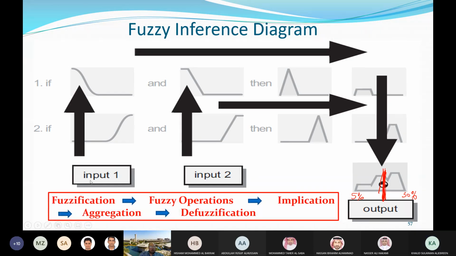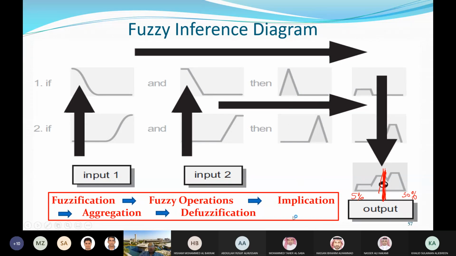Yes, Doctor. So you do fuzzification first. You convert from a numerical value here, which is 3 out of 10 or 8 out of 10, to high and good and excellent and so on. And you apply the fuzzy operator, and, or, not, whatever the operator is in the if-then rule. And then you do the implication. The implication here is, if the antecedent is satisfied by 0.7, the consequent will be satisfied by 0.7.